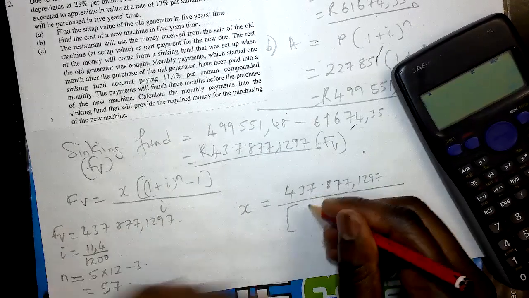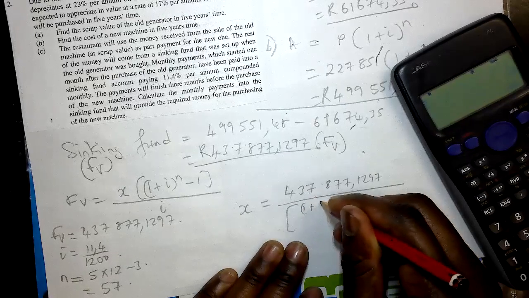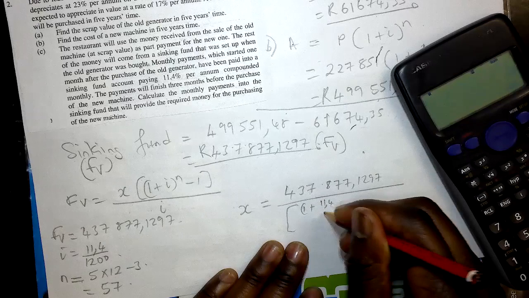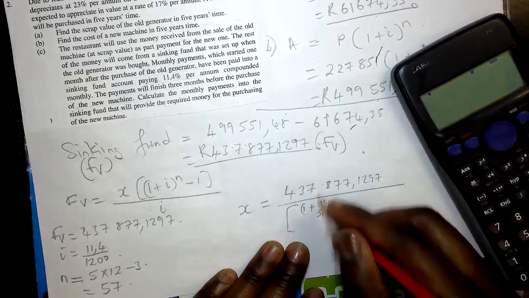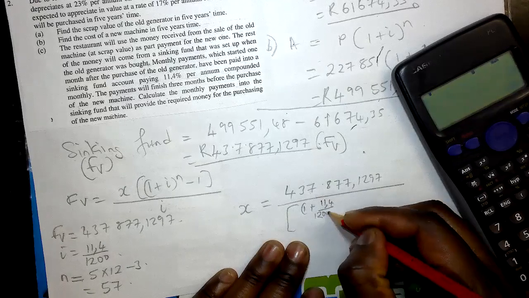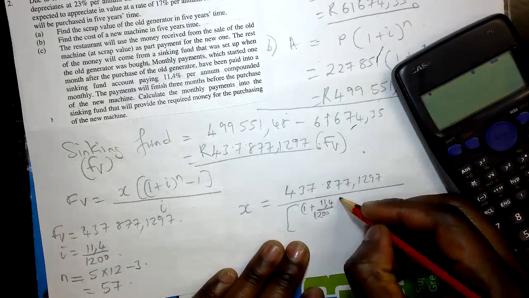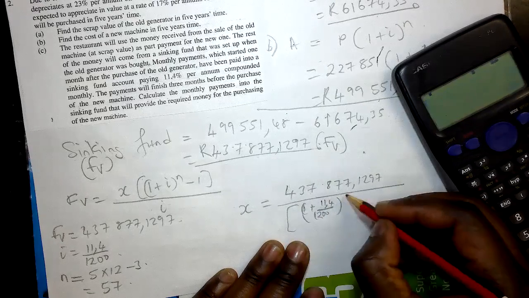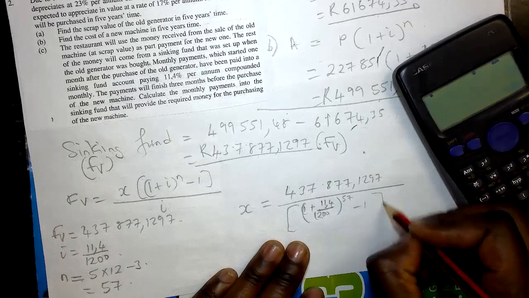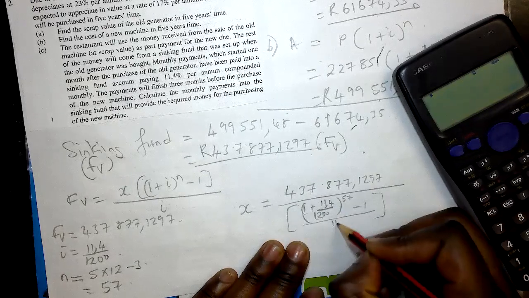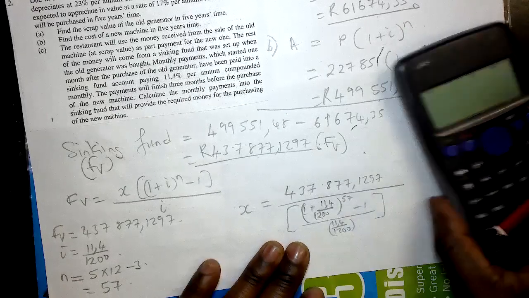We are putting the values there. 1 plus our I is 11.4 over 1200, sorry about that, to the power of 57 minus 1. 11.4 over 1200 because it's compounding monthly.